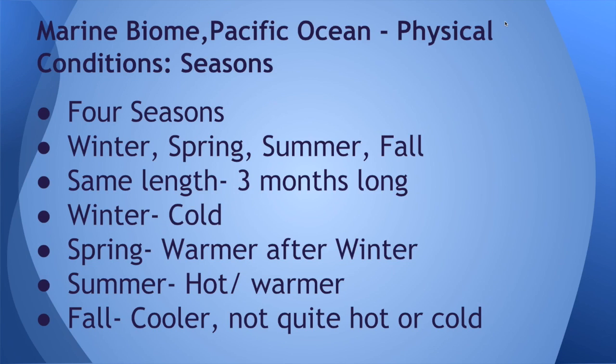Then in the spring, it starts to slowly get warmer, and then the summer is hot, or just warmer, depending on where you live. If you live in the Arctic or the Antarctic, then it will not be that warm. And then the fall is not quite as hot or cold.